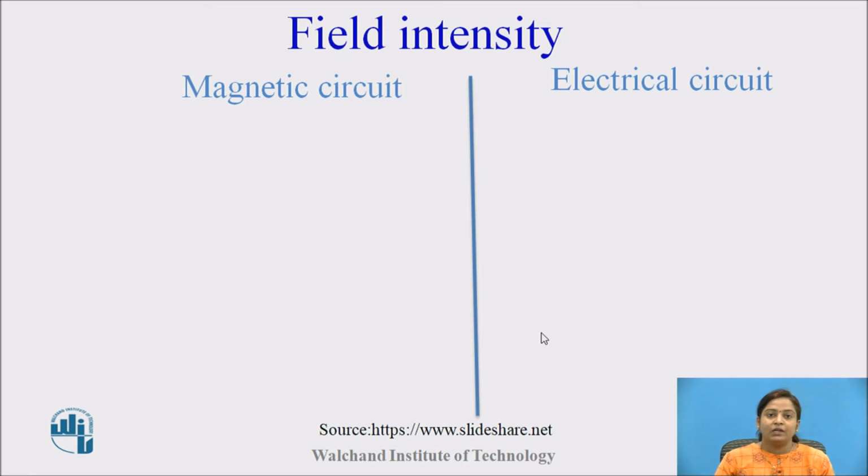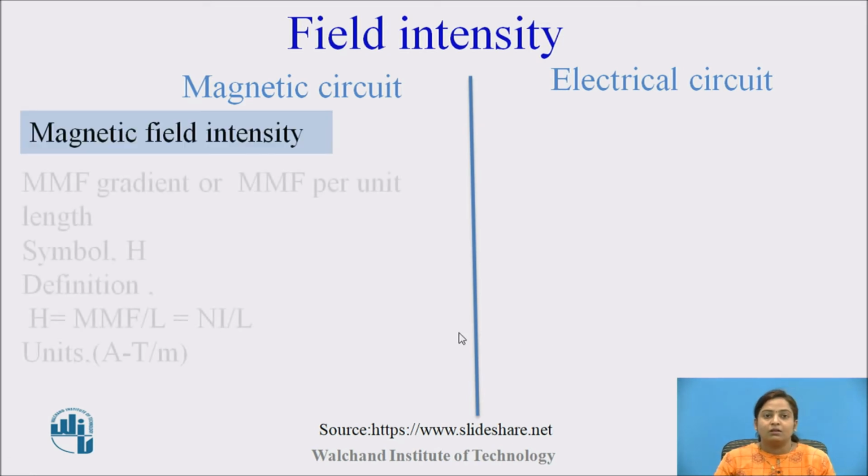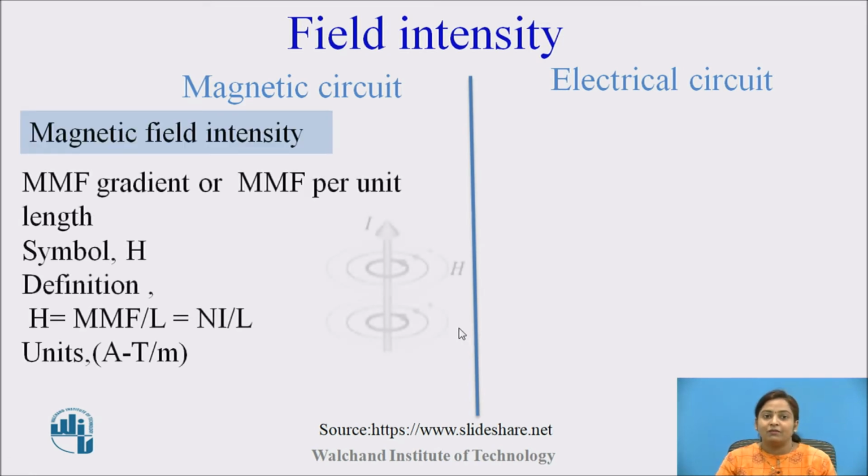Next point, the field intensity. In magnetic circuit, the magnetic field intensity is nothing but MMF gradient or MMF per unit length. It is denoted by capital H, and it is defined as MMF per length or Ni by L. Its unit is ampere turn per meter.